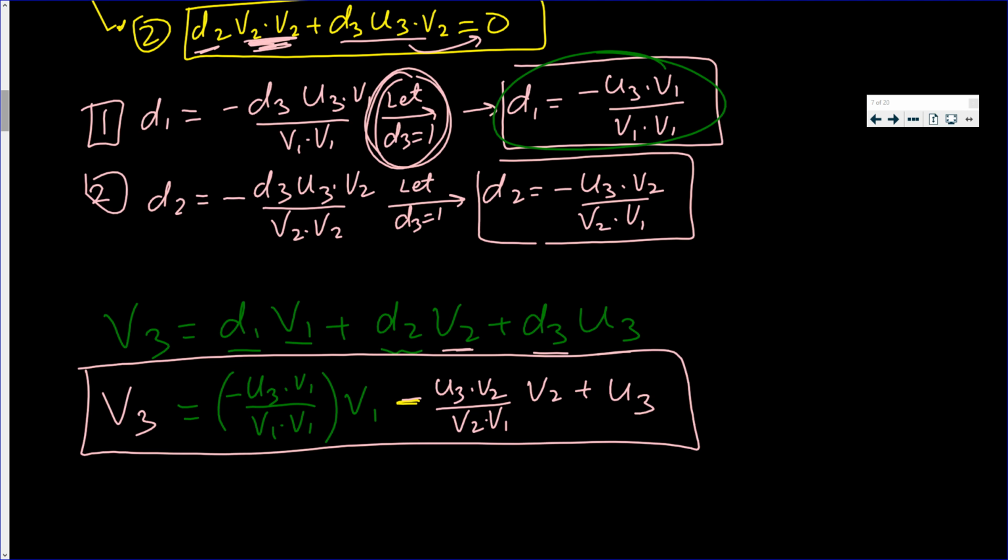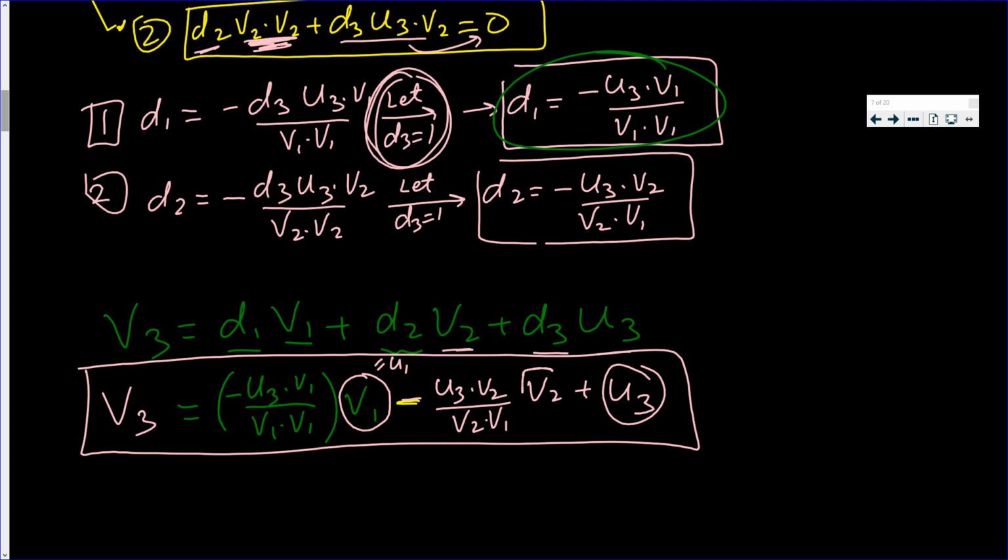Okay. Now, this here is a linear combination of the vectors in U, the vectors in S. In fact, it's just U1. And that's a vector in U3. So those two vectors are in U3.